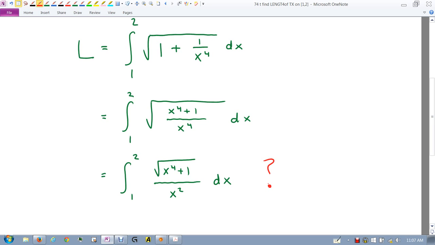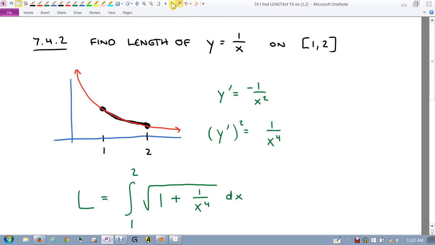So now let me give you an example of one that can be worked out so you can appreciate the sort of algebra you're going to see, okay? Okay, this is a pretty classic one here. Find length of y equals x to the, no, that one's, yeah, that should work out.